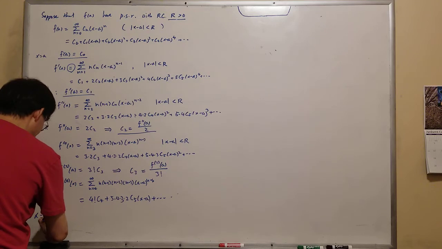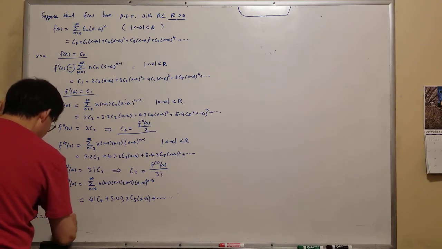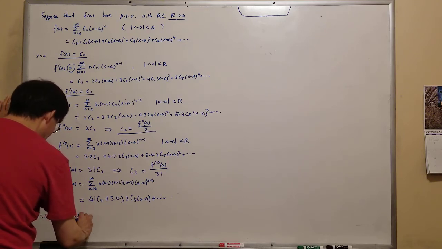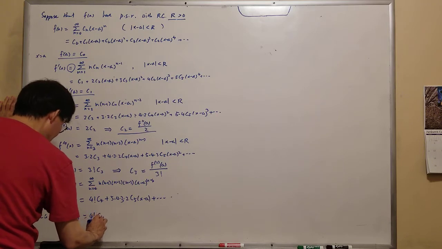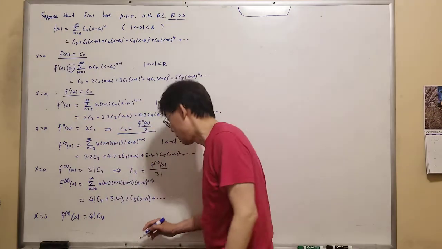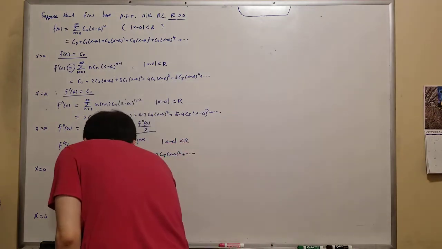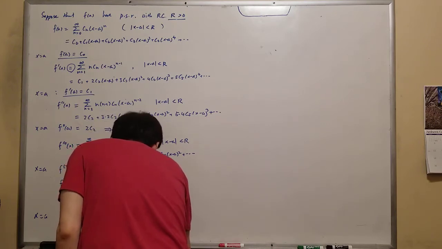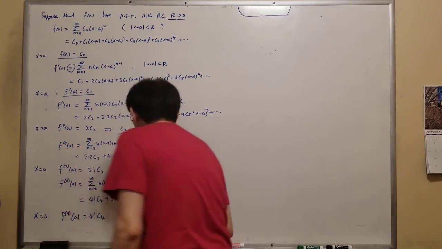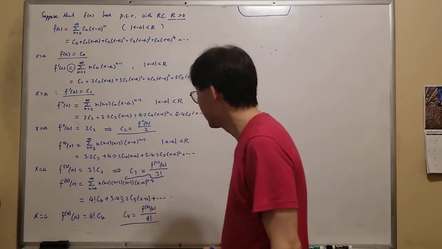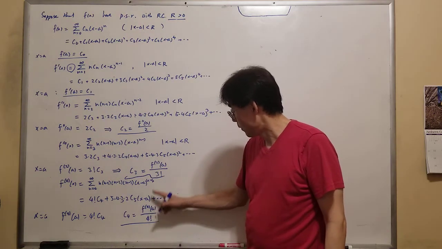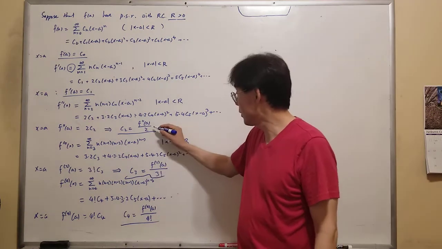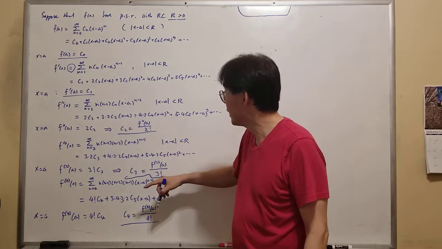So when x equals a, the fourth order derivative at a equals 4 factorial c4. So c4 equals the fourth order derivative at a over 4 factorial. Similarly, 3 times 2 is 3 factorial, and 2 is the same as 2 factorial.